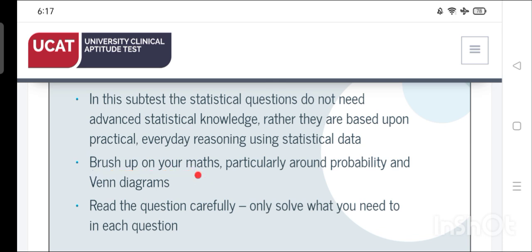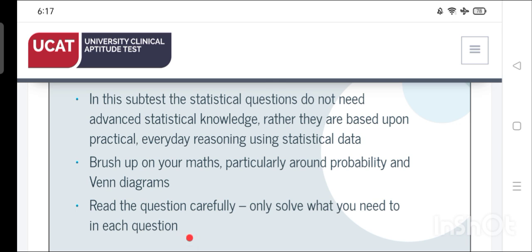Brush up on your maths, particularly around probability and Venn diagrams. Read the question carefully. Only solve what you need to in each question.